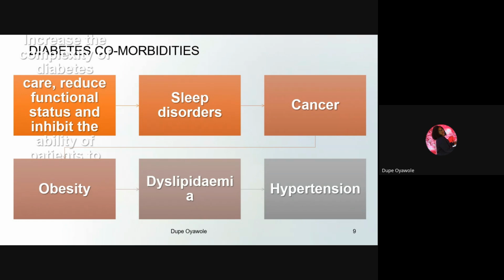So comorbidities, I keep mentioning them, apart from complications, those are some of the things that make management not as straightforward as it used to be, especially if patients have them along with it.